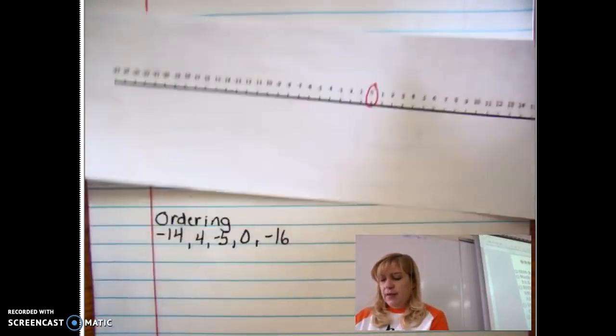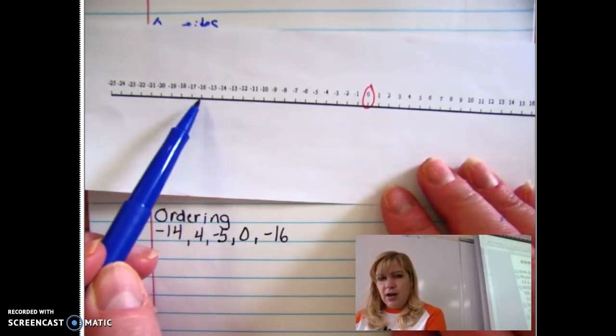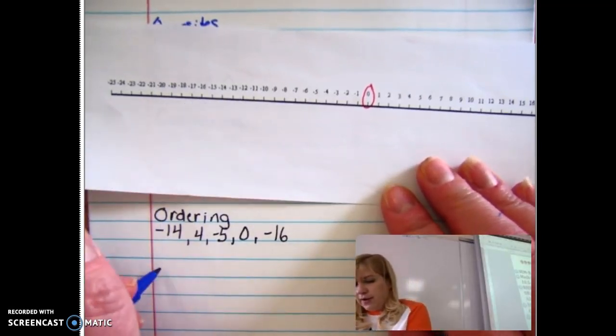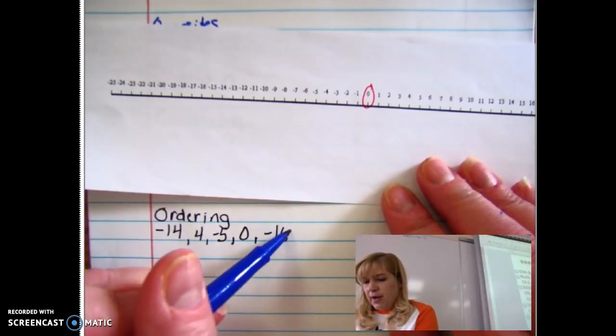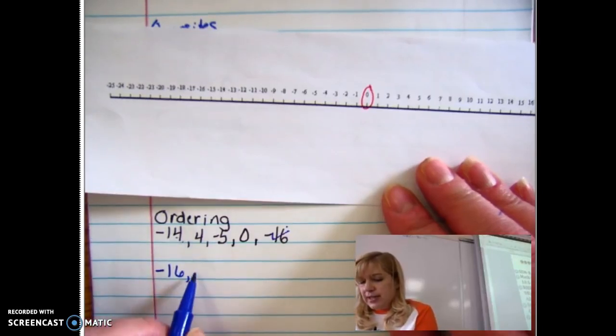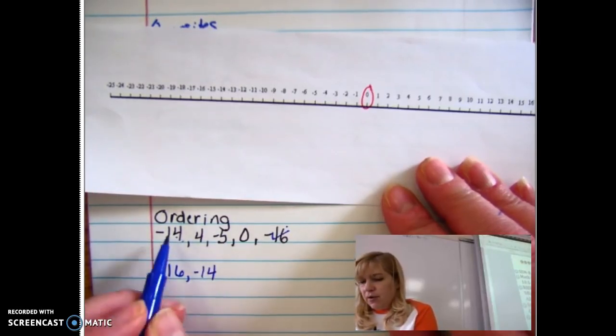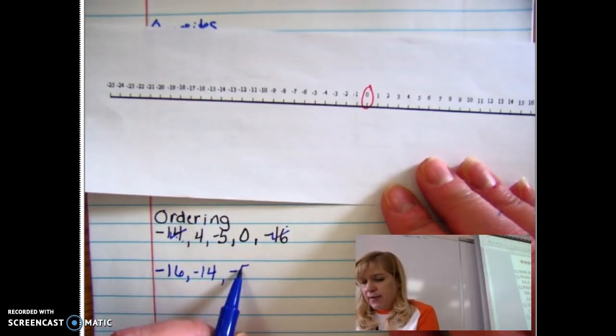Of 0. So if I look at this, I see the negative 16 all the way down here. So I'm going to put that one first. That is the best score right here. And I always check them off. And then I'm going to go negative 14 is next. So I'm putting them in order of first, second, and third place. Then I have a negative 5.